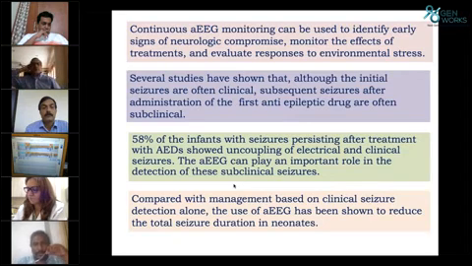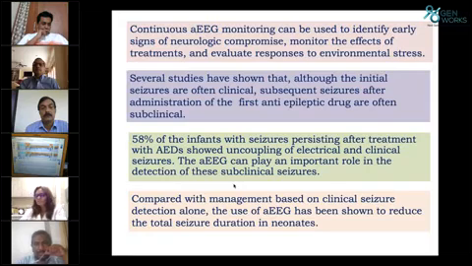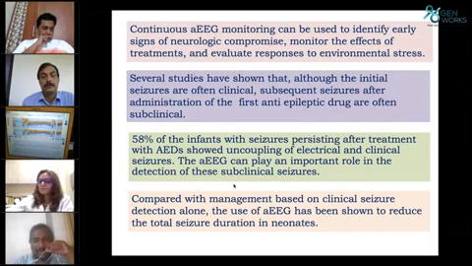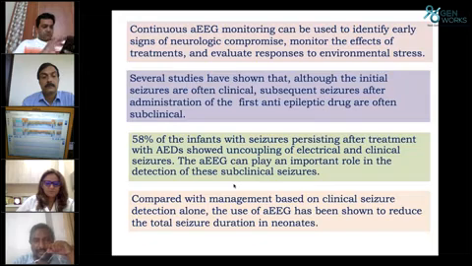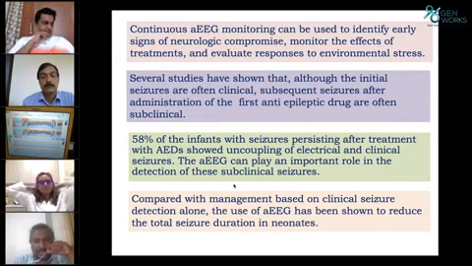What we have found is that the subsequent seizures which come after anti-epileptic drugs are often subclinical. This subclinical seizure can be detected only with EEG monitoring or AEG monitoring. That's why all infants who are at risk of convulsion should be monitored electronically by EEG machine.